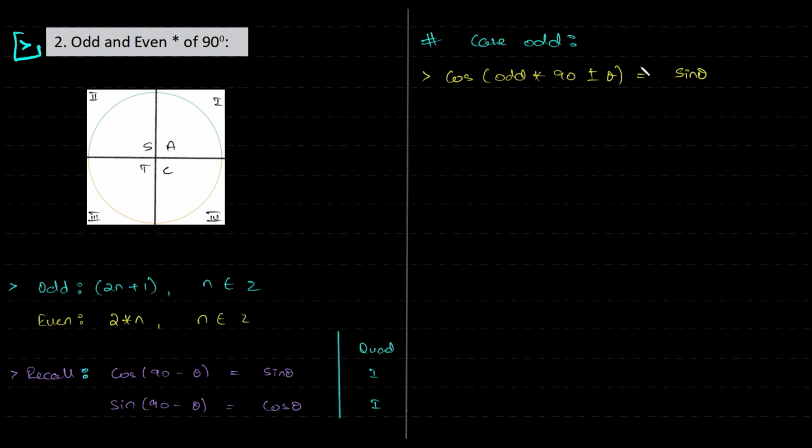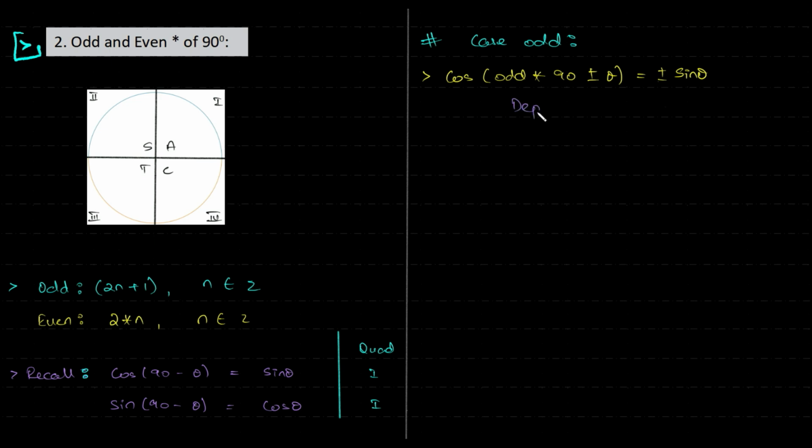So cos's complement is sine, right? So if I take any angle with an odd multiple of 90, I always have to figure out its sine value, for example. And one more observation that we have to make: this negative or positive depends on the quadrant. Okay, so let me make this point.